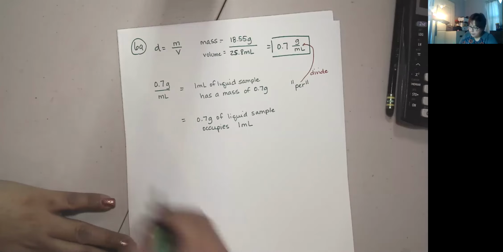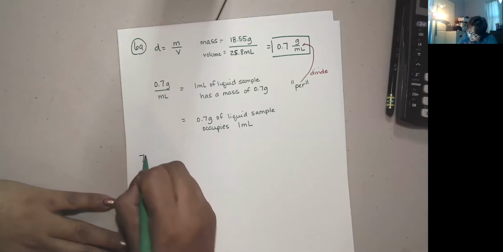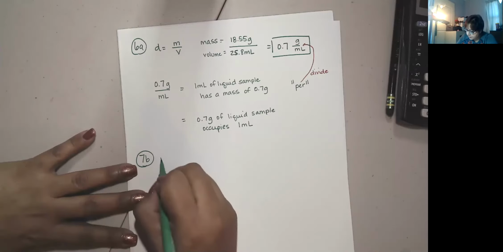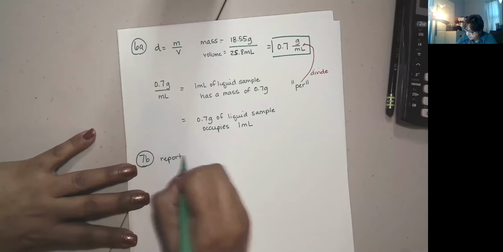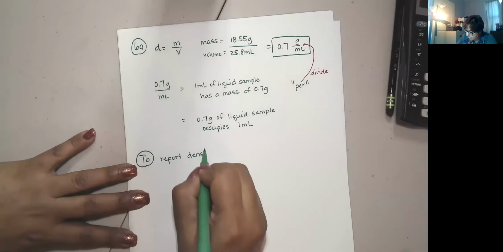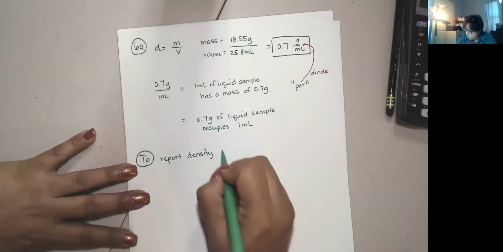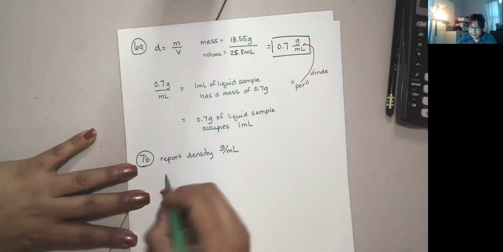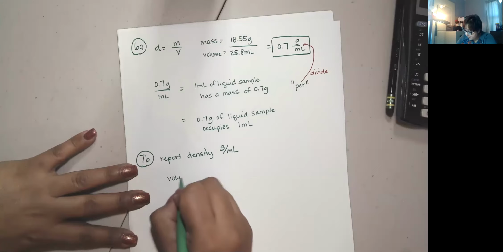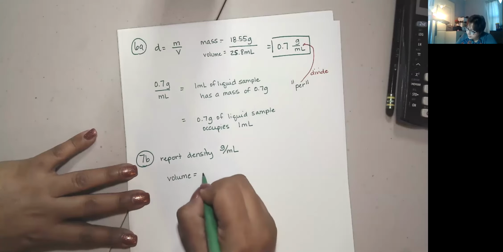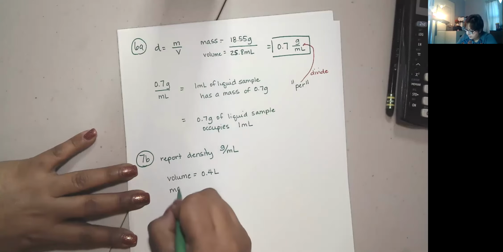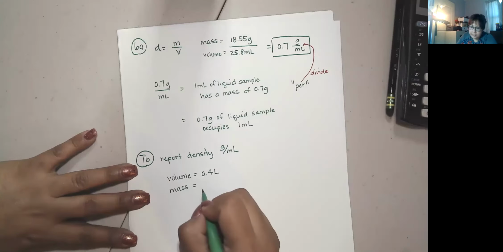Let's look at number 7B, because this one's got a little bit of an extra step to it. They want us to report the density in grams per mL. But here's what they give us: the volume is 0.4 liters, and the mass is 150 grams.